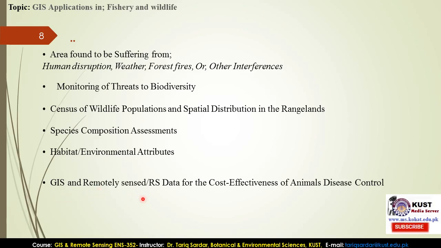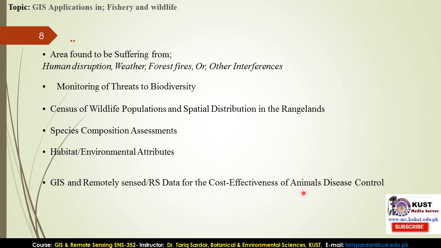So GIS along with remote sensing data, if you go to a certain area and you can't access that area, for epidemiology, like even the COVID case, but it's not animals, it's in the human case, but in the animal case if there are certain pathogens or infectious diseases, the epidemiology of the animals, GIS can be utilized to improve the cost effectiveness of animal disease control, how to better know the areas that are under the challenge of that certain kind of disease.